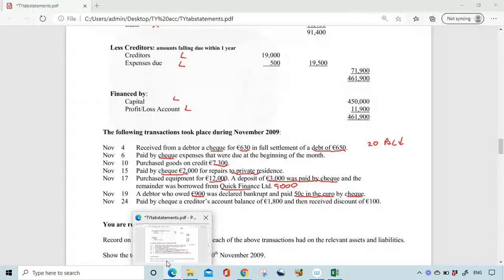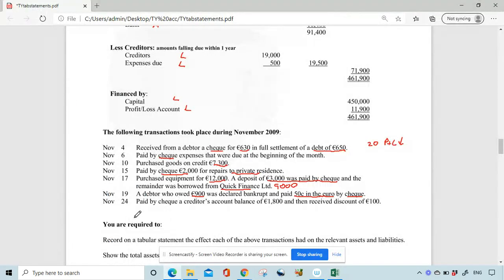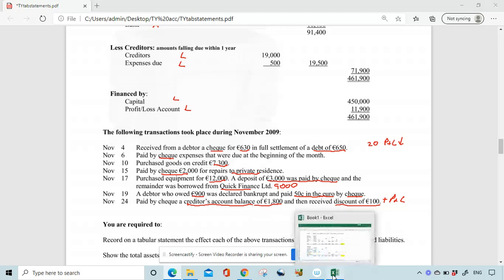November 24th, last one, we paid by cheque a creditor's account balance. So we owed 1,800 and we received a discount of 100. So that's good, that's plus P&L for us. We actually only paid 1,700 out of our bank.